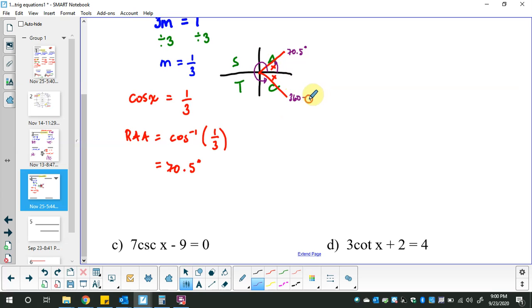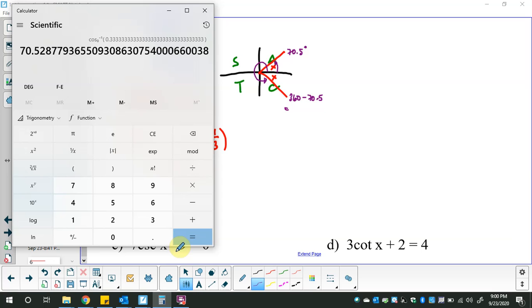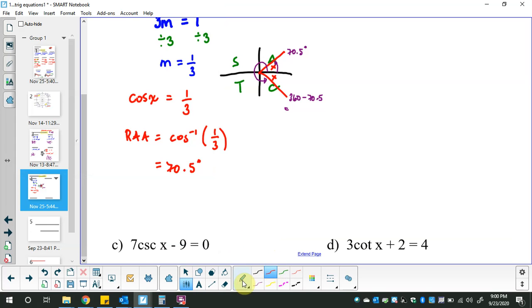I fell short by 70.5 degrees, so that ends up being 360 minus 70.5 equals 289.5. So my 2 answers for the x are 70.5 from that first rotation, 70.5 degrees, and also an answer of 289.5 degrees.